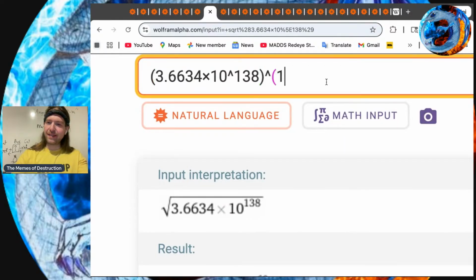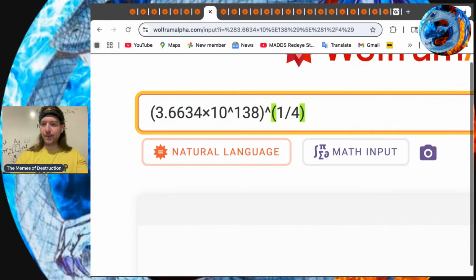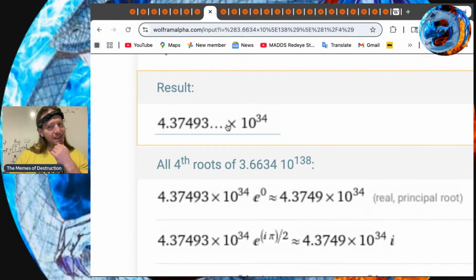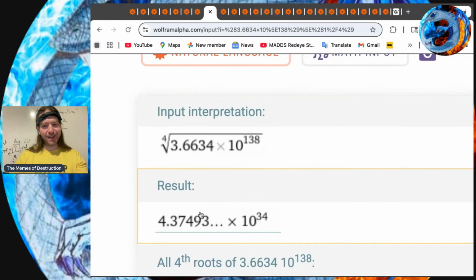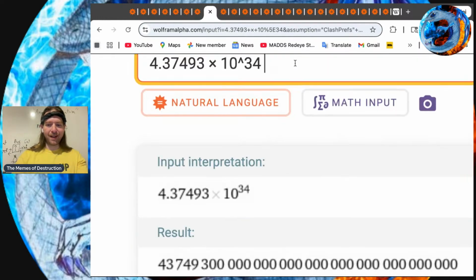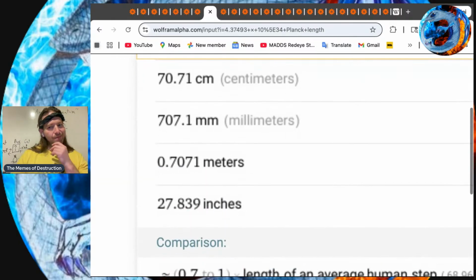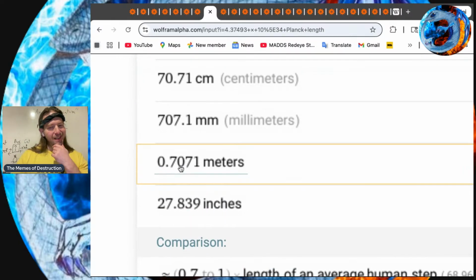Let's raise it to the 1/4 power. Okay, the 4th root. Okay. Gives us a number here. Let's take this number. How does it compare to the Planck length? Oh, 7.071 meters. It's kind of close to 1.